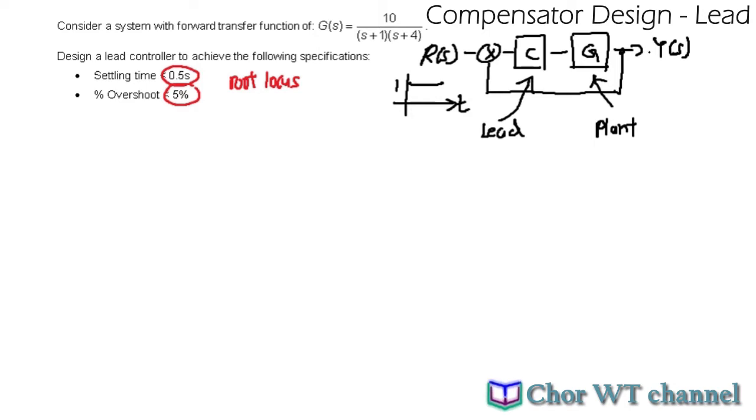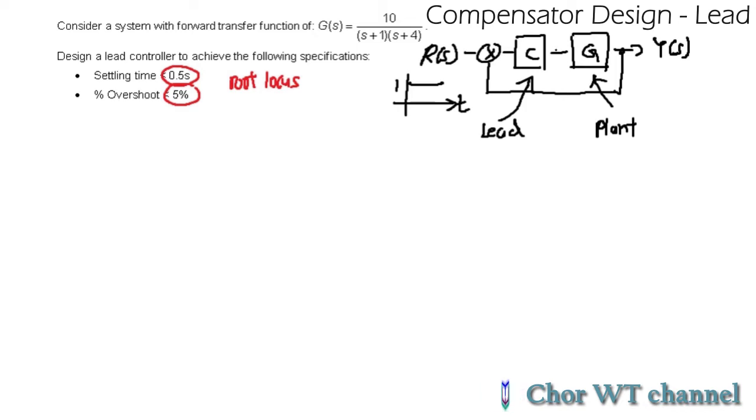maximum overshoot is equal to 5%. To begin with the root locus approach of the lead compensator, we will need to use the root locus criterion, which is the angle criterion and the magnitude criterion.